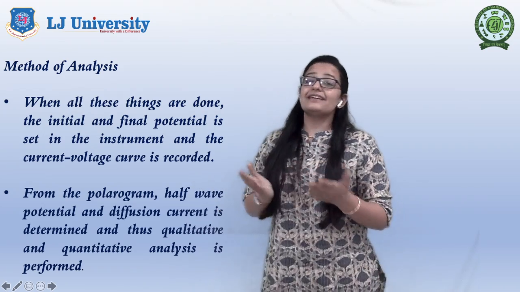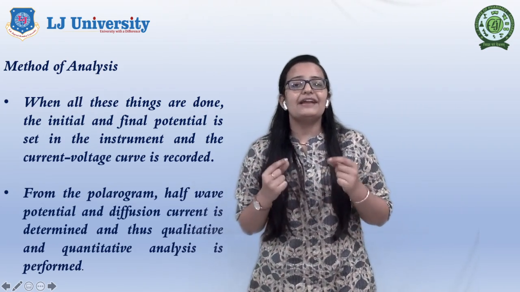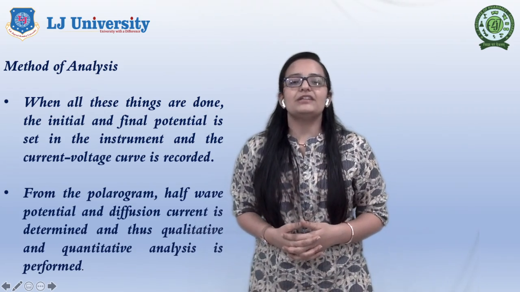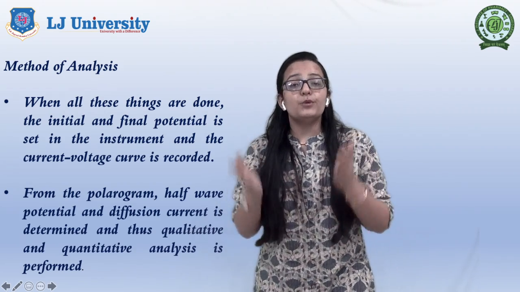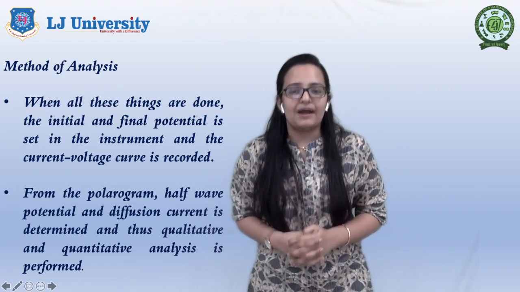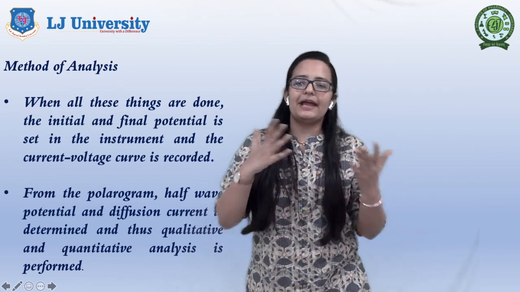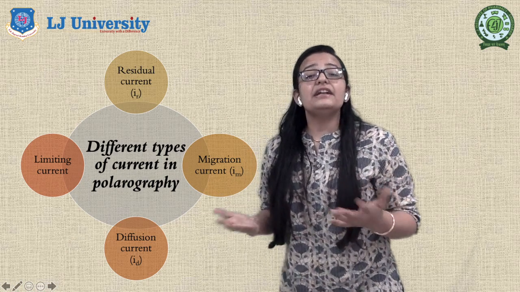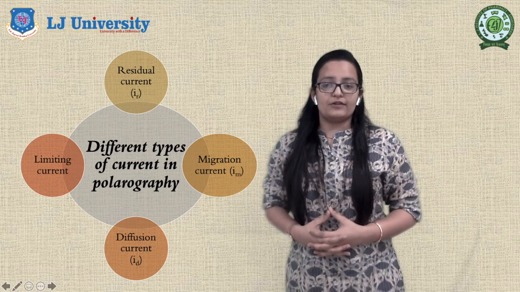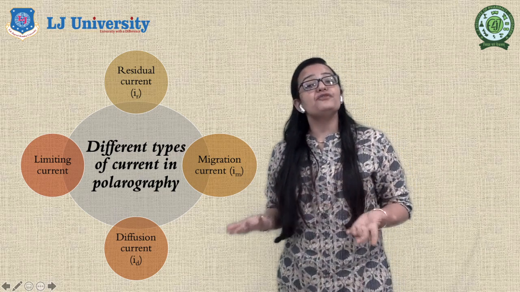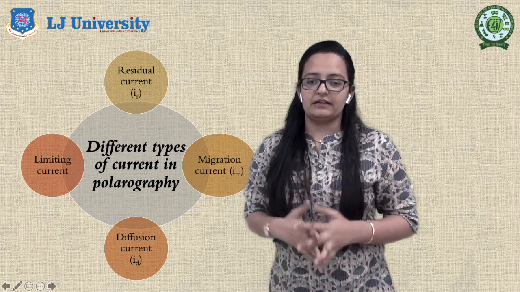When all these things are done, the initial and final potentials are set in the instrument and the current voltage curve is recorded. From the polarogram, half-wave potential and diffusion current are determined and thus qualitative and quantitative analysis is performed.